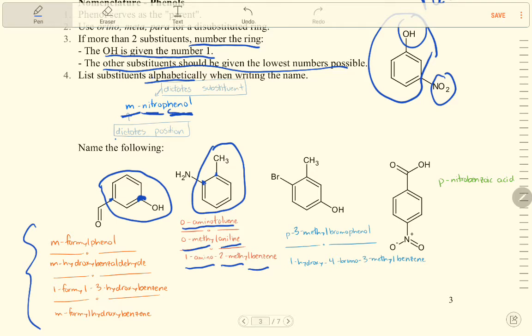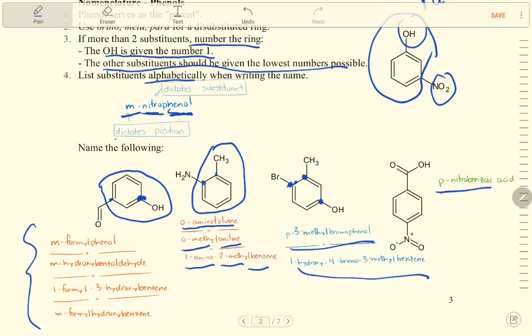This you can name as a bromo. This is basically para-bromo 3-methylphenol. So you can name it that, or you can name it 1-hydroxy-4-bromo-3-methyl benzene. You can name it either way.